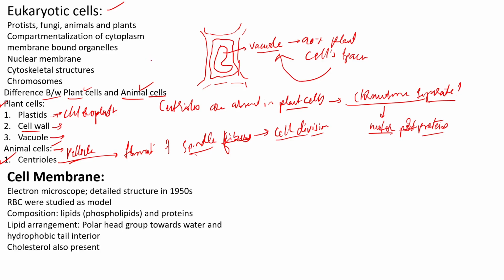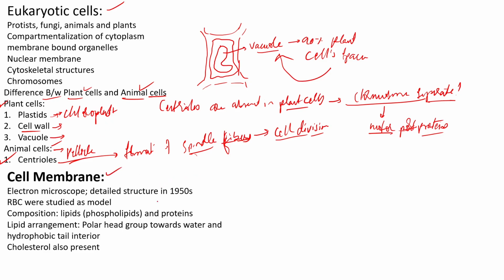So let us begin our discussion with the first important cellular structure, the most commonly heard structure in both plant cells and animal cells, that is the cell membrane.